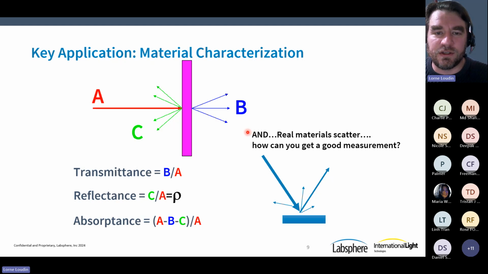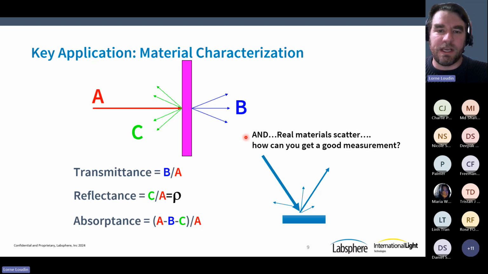And as I stated just momentarily ago, real materials exhibit some form of scattering, right? And so Lambertian materials, or near Lambertian materials, are reflecting light in this hemispherical pattern and following the cosine law for their intensity. But most materials are falling somewhere in between.